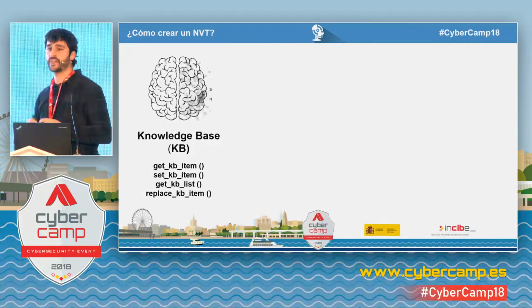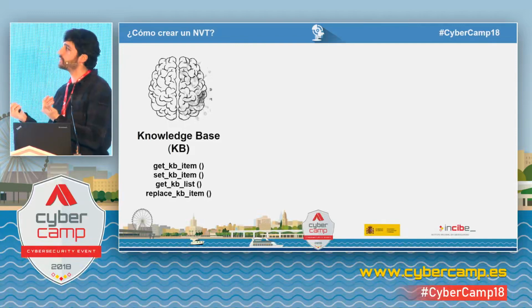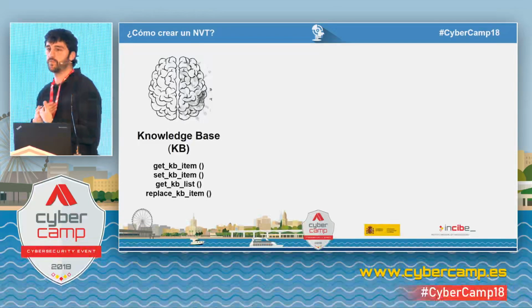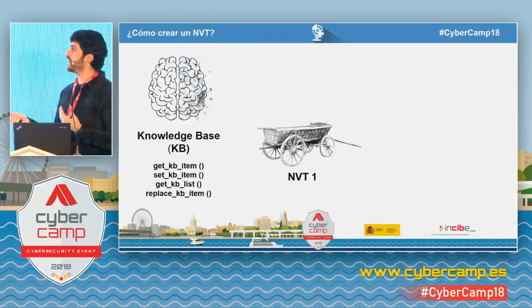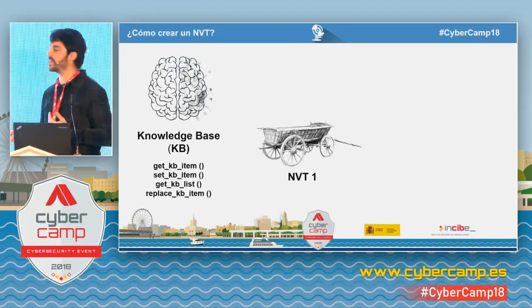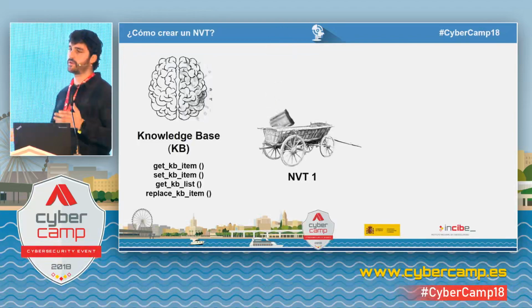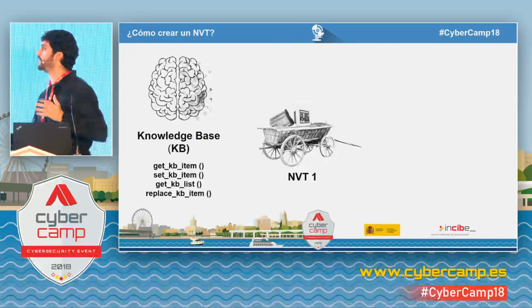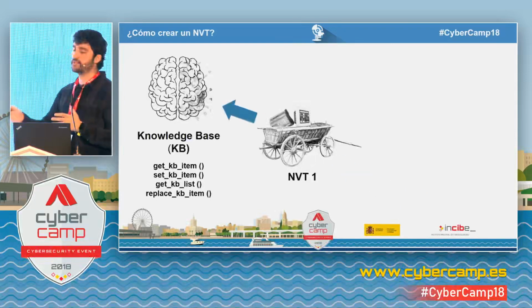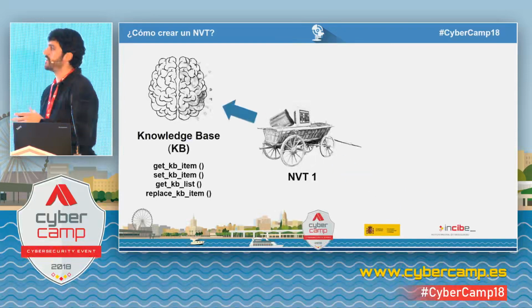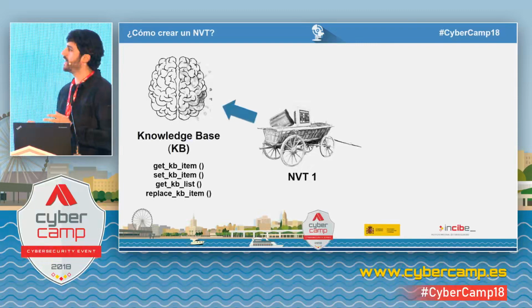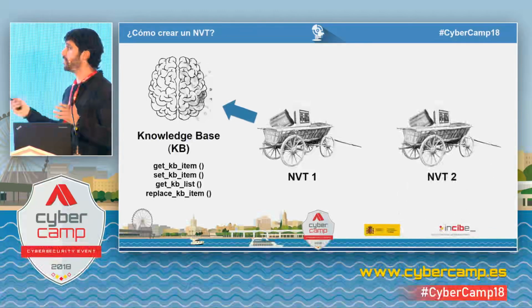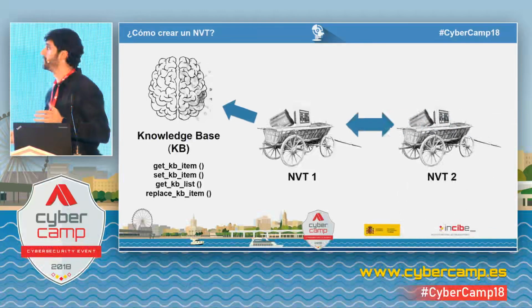And this knowledge base is kind of like our brain that we will be feeding with information so that we have an understanding of our device, so that we can find out about its vulnerabilities. Imagine that I fill our NVT with information. It is like a card. And I put all the information of the card into my brain.